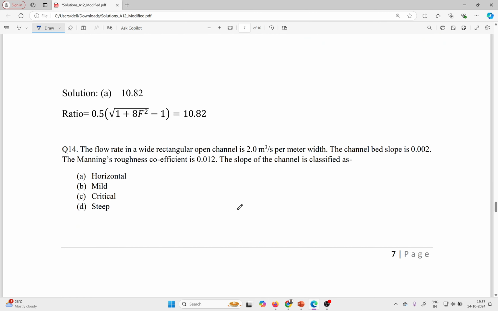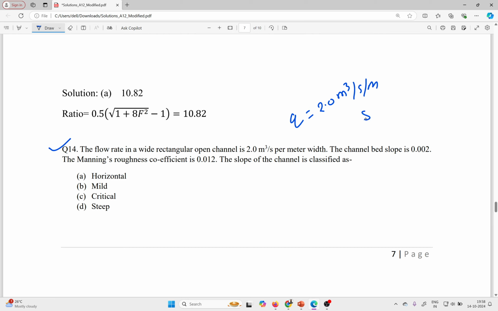Remember please. Now we'll move on to question number 14, which is the last question for today. The flow rate in a wide rectangular channel is 2.0 meter cube per second per meter width, that is, the Q value is given as 2.0 meter cube per second per meter.